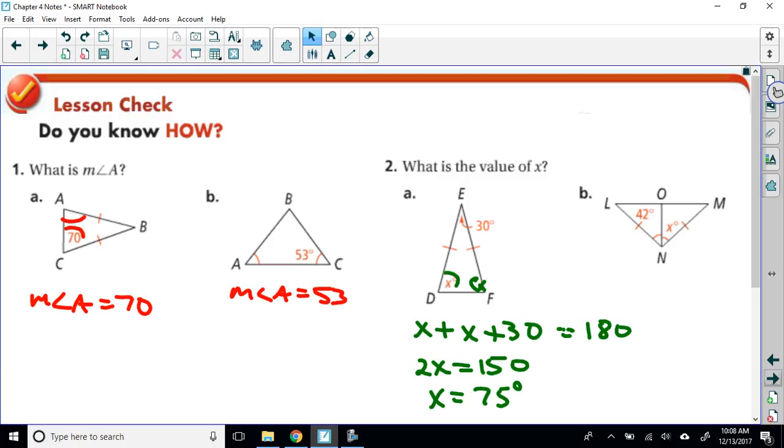Number B, this one's kind of like that one where we couldn't tell where the 54 went, but we can see that NO bisects LNM, which means that LNO is perpendicular to LM, which means that's a right angle and that's a right angle.